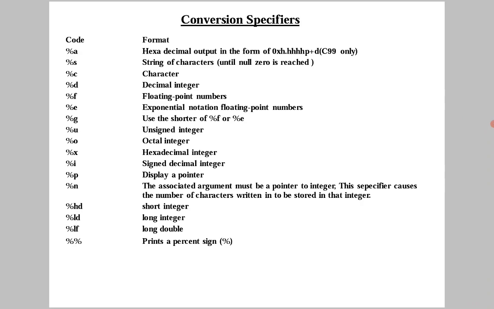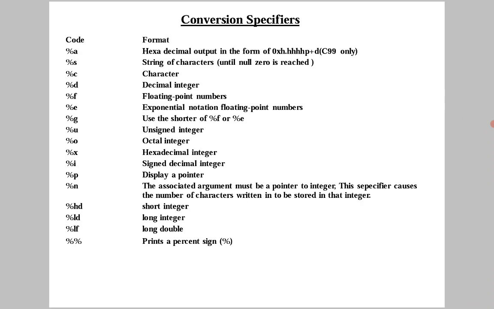Different types of symbols are used. They are called control characters or control string characters. Different characters are used for different data types. For example, for integer data types we use %d.